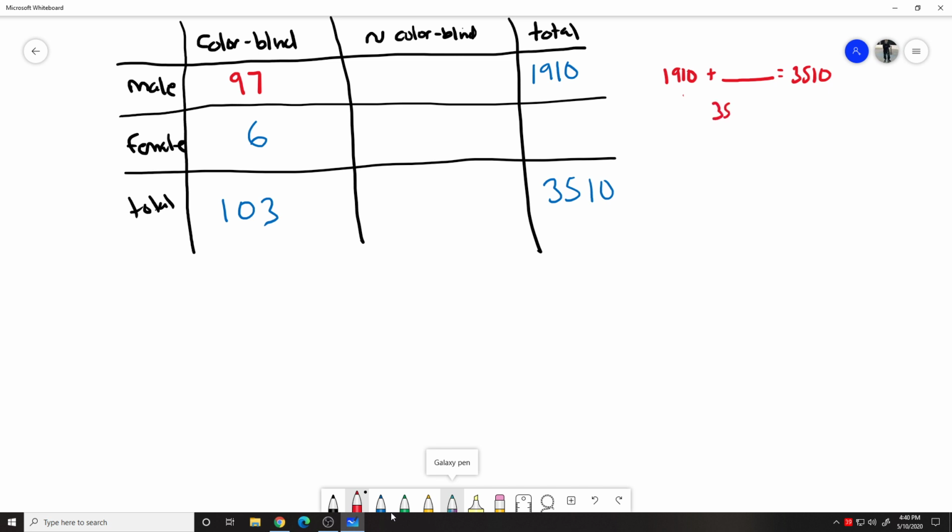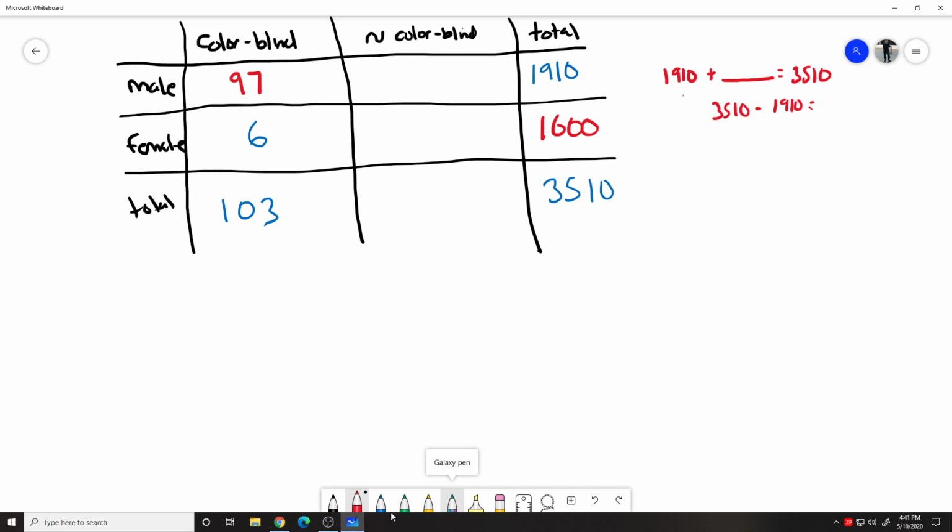Let's take our total amount of people, take away the males, and we'll know how many females there are. So 3,510 minus 1,910 is going to give me, did I do that right in my calculator? Yes, I did. 1,600. 1,600 females.